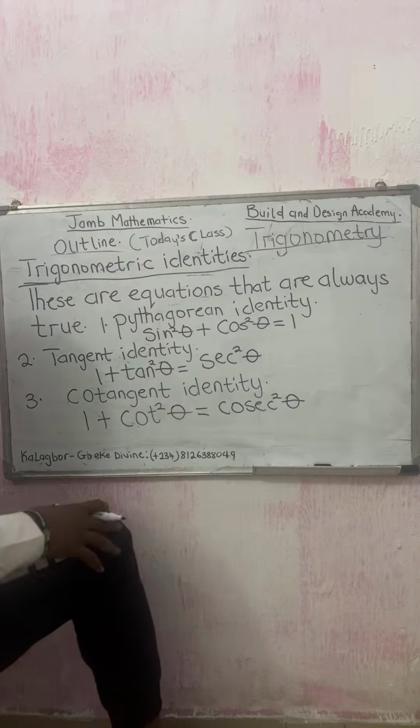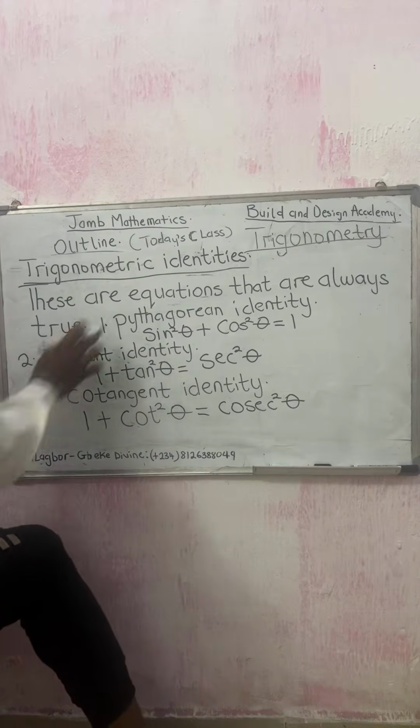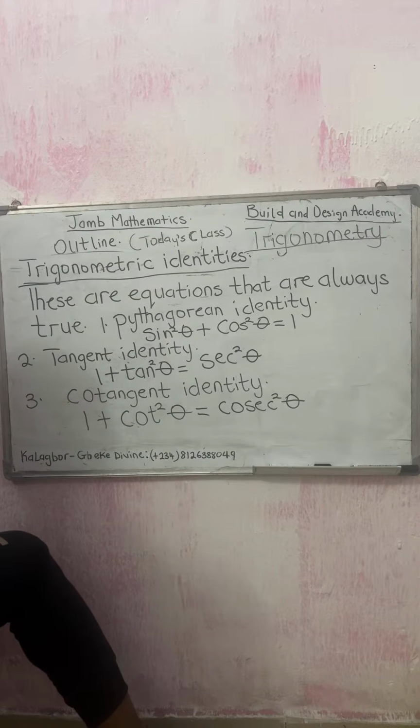Please, you need to write this down and look at it anytime you look at trigonometric identities. The three of them are very, very important.